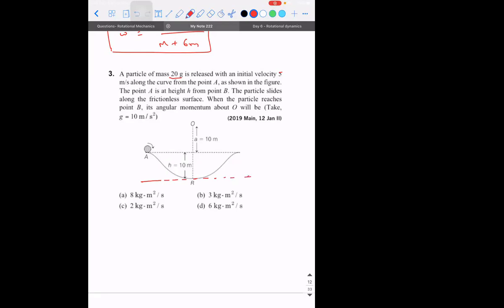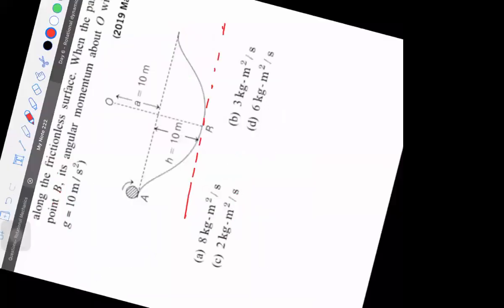So let's logically think. For us to calculate the angular momentum, what are all the required data? L vector is equal to R vector cross P vector. So what is the data that you need? You need the distance from the point, right? R vector stands for the position vector from the point, and P vector stands for the linear momentum at the point where you're trying to calculate it.